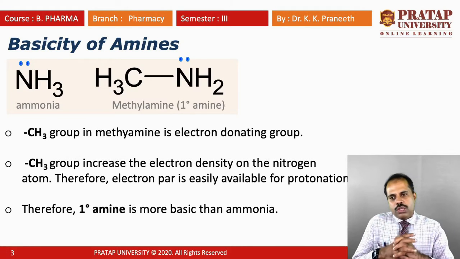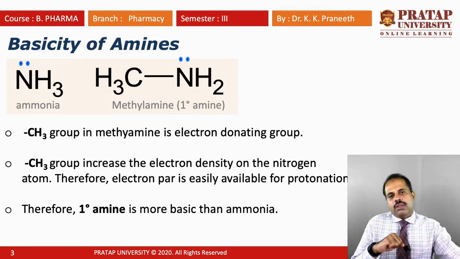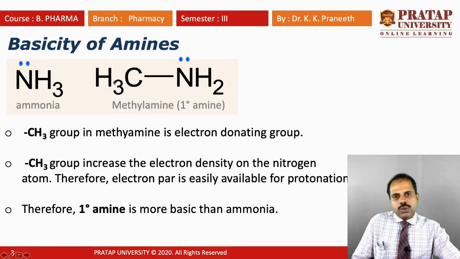Now let's look carefully at the basicity. Here there are two compounds given. One is ammonia, NH3, and the next one is methylamine, CH3NH2. Both contain a lone pair of electrons on nitrogen. Which one is more basic?